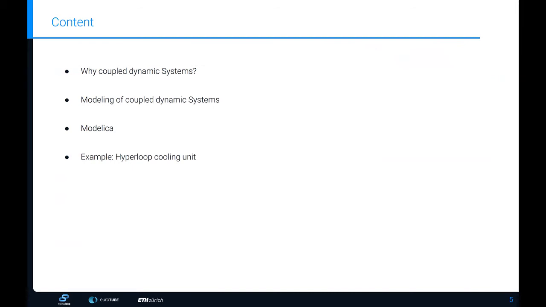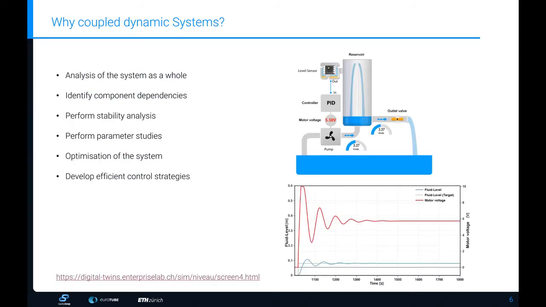Thermal aspects in a Hyperloop system are always coupled with dynamic systems and multi-domain and multi-physics systems. That's why I will start with these topics and come to the Hyperloop example at the end.